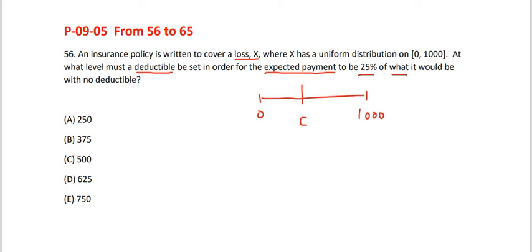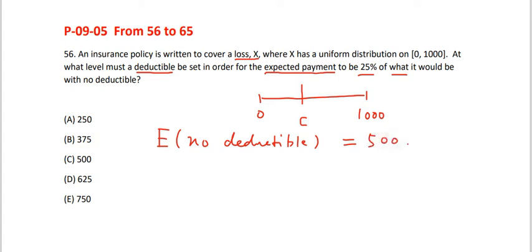So with no deductible, the expected payment is just equal to 500, right?